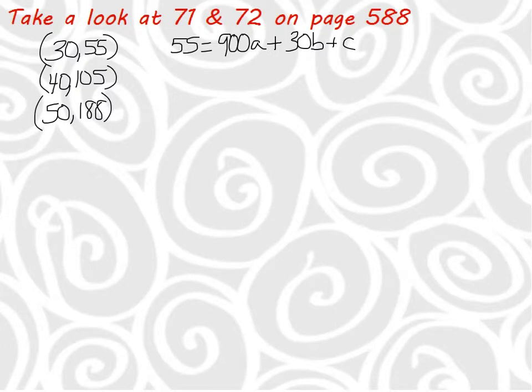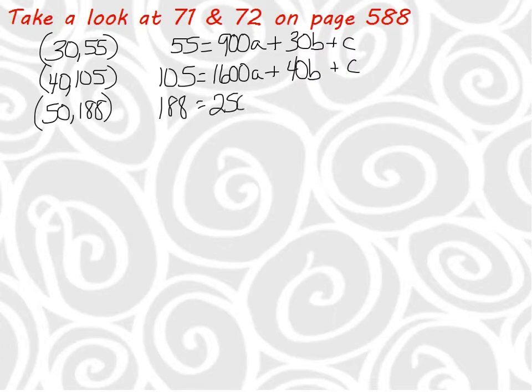Okay, and we just do this over and over with that y equals ax squared plus bx plus c. Next one, put in your y, and then you're going to have to take your x and square it, times the a, plus your x, times the b, plus c. And the last one, I got 188 equals 2500a plus 50b plus c.